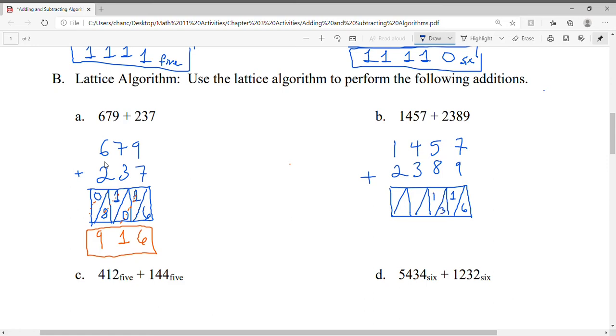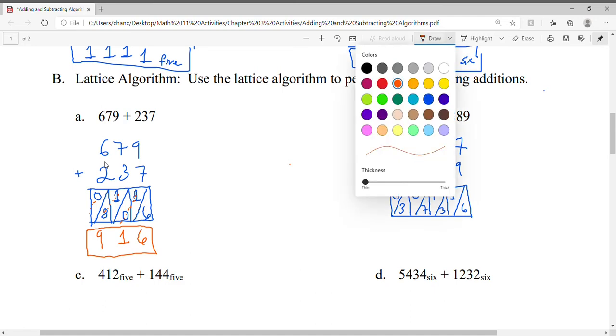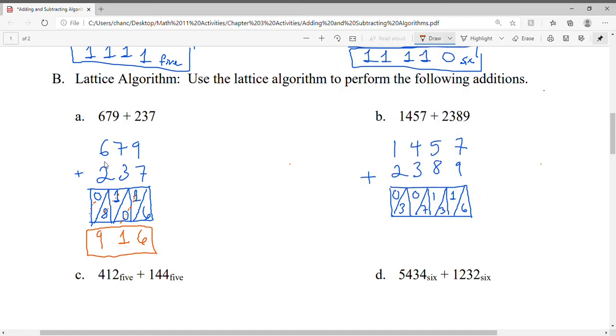4 plus 3 is 7. That's a 0 and that's a 7. We have 7 ones and no 10s. 1 plus 2, that's 3. No 10s. So we have 0 and a 3 down here. Again, for the lattice algorithm, we're going to add our diagonals.